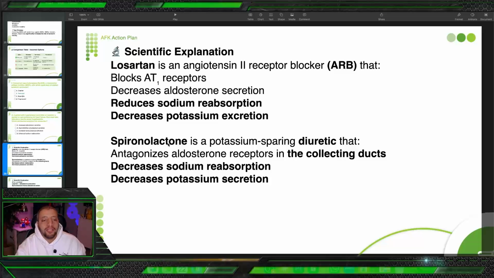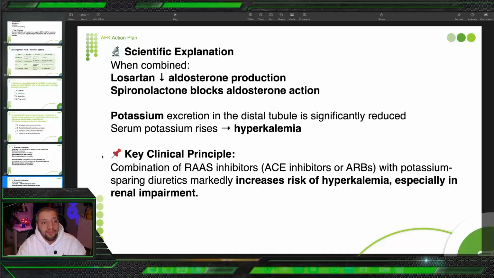Let's see spironolactone. Spironolactone is a potassium-sparing diuretic that antagonizes the aldosterone receptor in the collecting duct and the distal part, the final part of the distal tubules, which is going to decrease sodium reabsorption, and again decrease potassium secretion, so here we have decreased potassium excretion. So what's going to happen for this patient when he uses these medications? Losartan decreases aldosterone, spironolactone blocks aldosterone action.